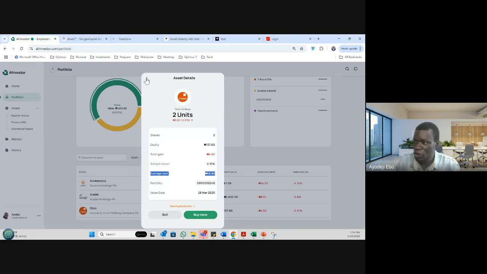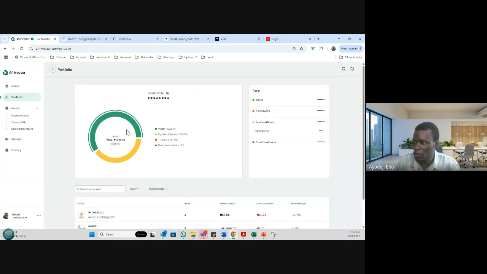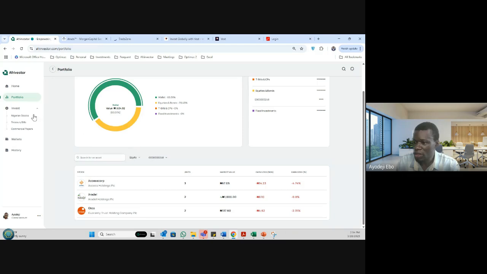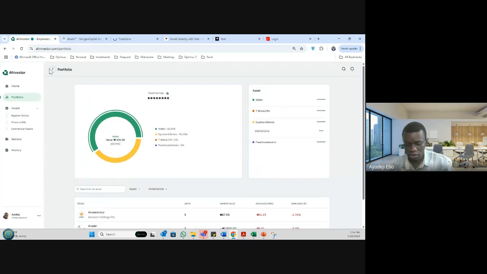And for the whole portfolio, you should also be able to see the total, like when I was showing it on the app. Like I mentioned, this is still work in progress. But if you look at the app, let me share my screen again. You'll be able to see the average cost of your investment. Hold on, let me share my screen on the app again.